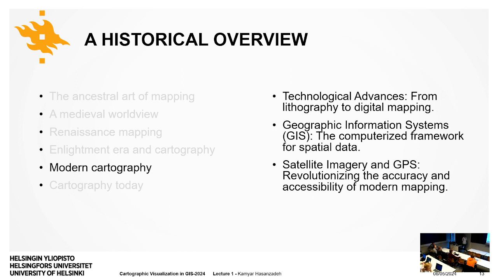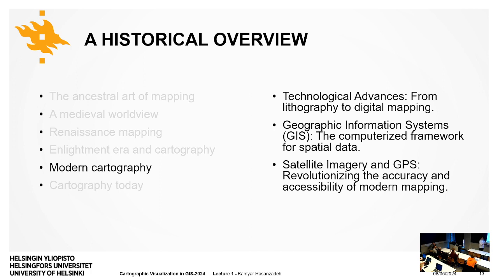Then we have modern cartography. You're more familiar with this one. There have been a lot of technological advances in recent decades that make digital mapping possible. Digital mapping is one of the most obvious examples that has changed a lot of things. We have GIS, Geographic Information System, that has emerged in the last few decades and has become prominent.